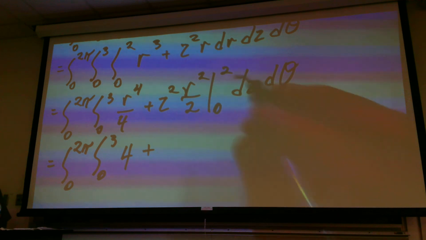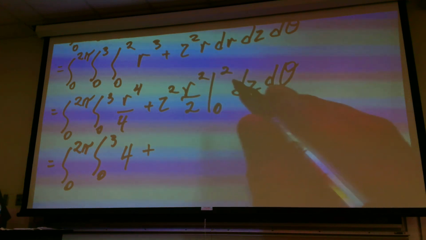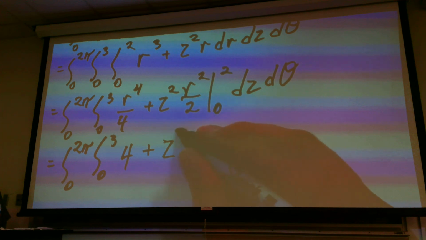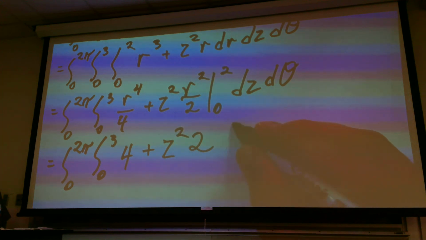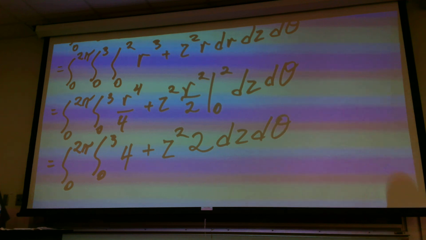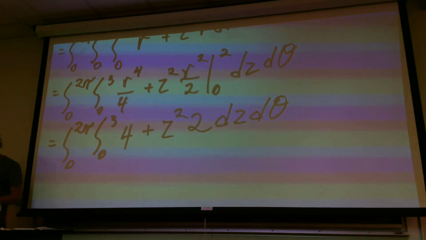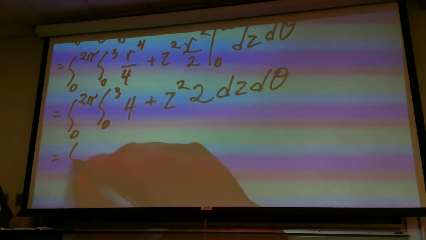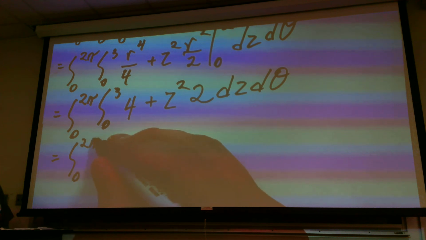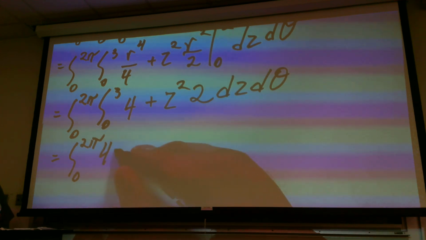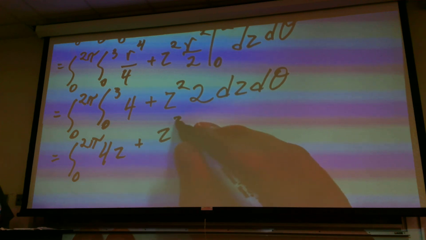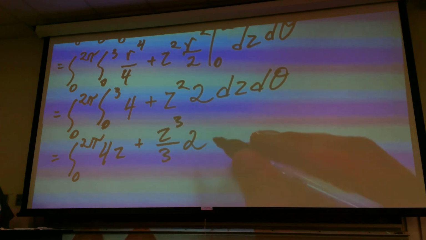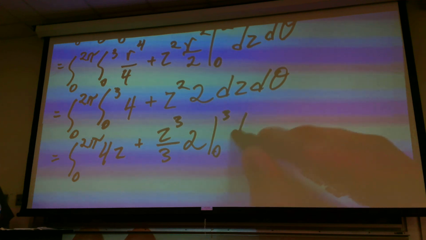And then this, if I square 2, that's a 4. 4 divided by 2 is 2, so that's going to be z squared times 2, and then dz d theta. Okay, now we're integrating with respect to z. So this becomes the integral from 0 to 2 pi. That's going to be 4z plus z cubed divided by 3 multiplied by 2, evaluated at 0 and 3, d theta.